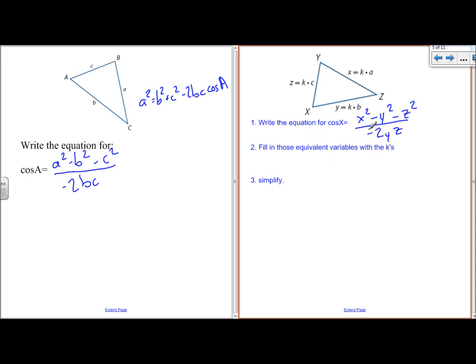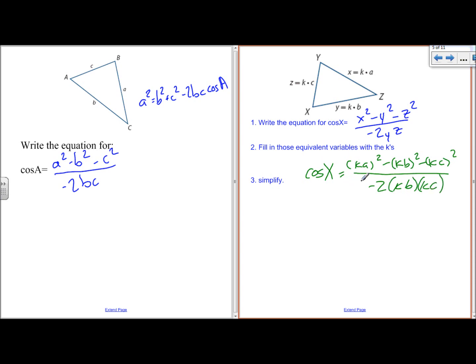Fill in the variables with the k's now. So it's going to look like the cosine of big X equals KA squared minus KB squared minus KC squared, all over negative 2 times KB, KC.